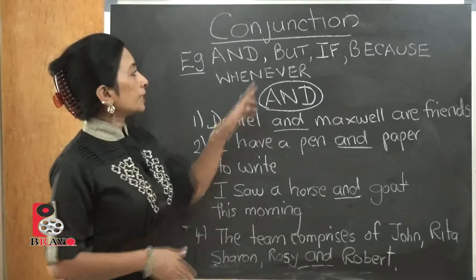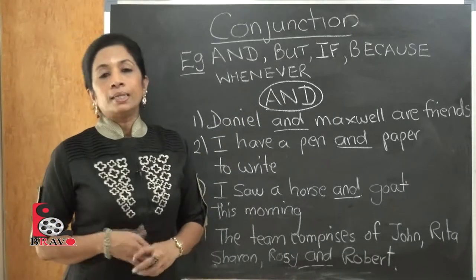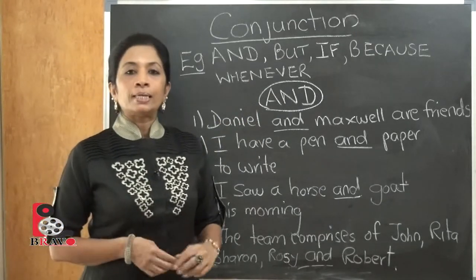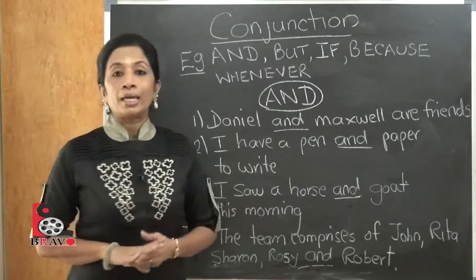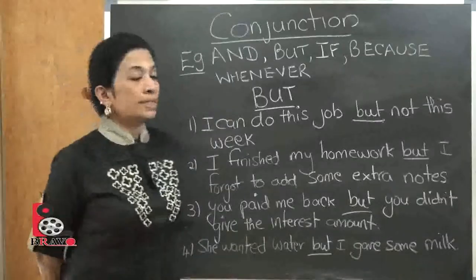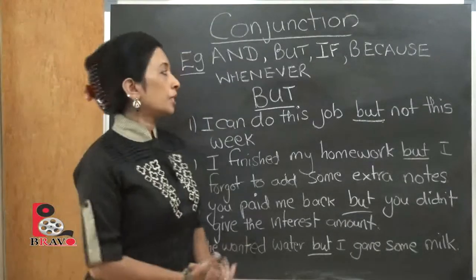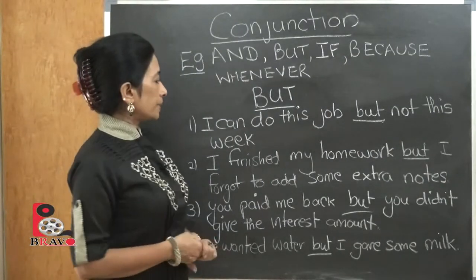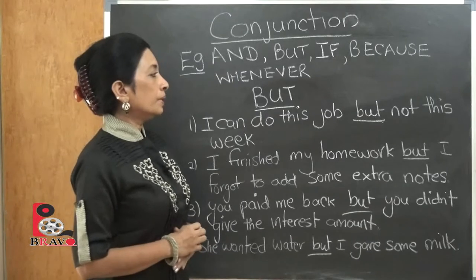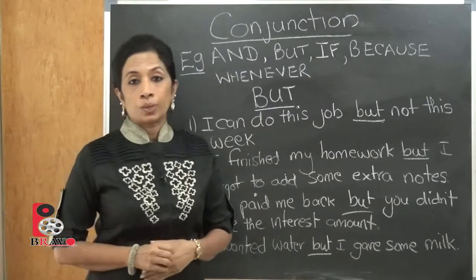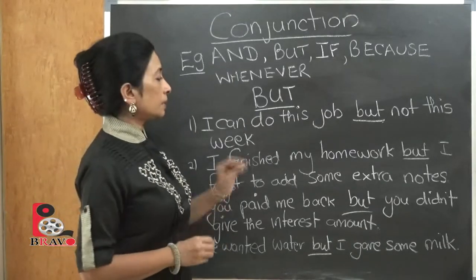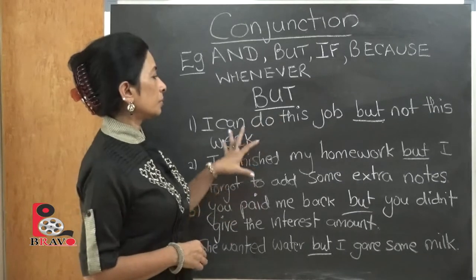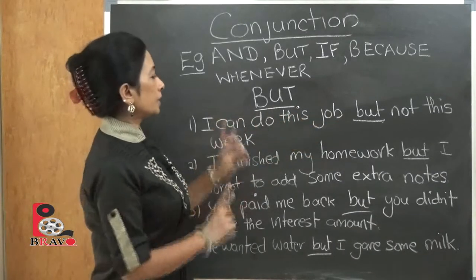Now we're going to move on to the second one, which is but. Again I have about 4 examples that I'll give you so that you can see where it should be used. The second word of the conjunction we are going to see today is but. Examples are: I can do this job but not this week. So you can see it's two sentences or 2 connections happening here.